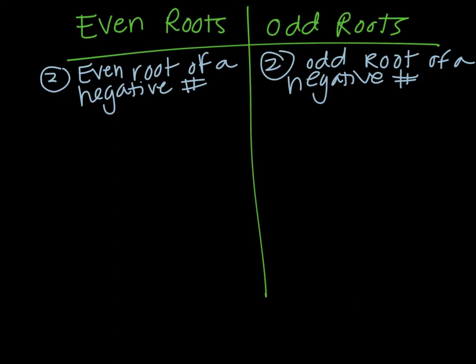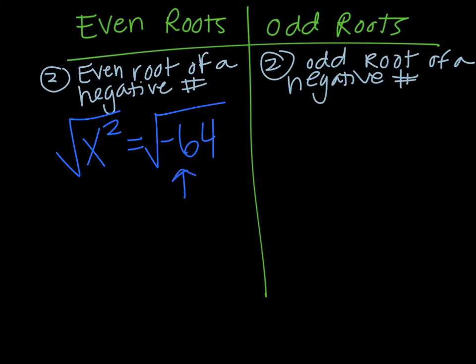So the next scenario is if we're taking an even or odd root of a negative number. So we just looked at positive. Here's what happens if we have a negative. So let's say we had x squared equals negative 64. So we would go ahead and take the square root of both sides like we did in the last problem. But what we end up with is a square root of a negative number.